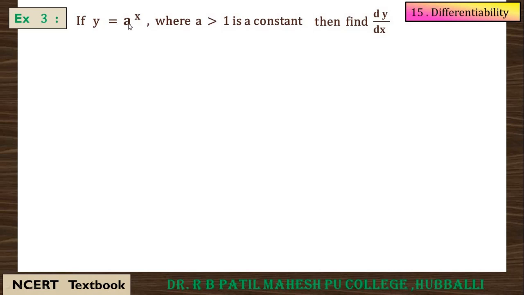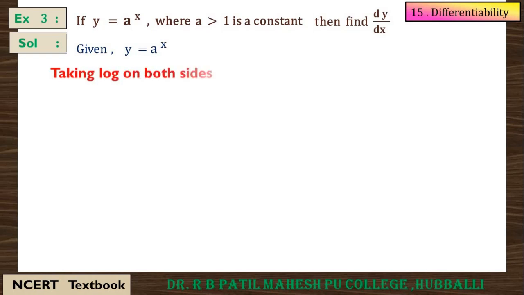Then when you have a particular number, you can follow that general answer. So first you write y is equal to a raised to x, the given function, taking log on both sides. So it becomes log y is equal to log of a raised to x.